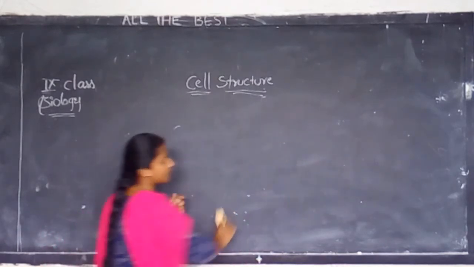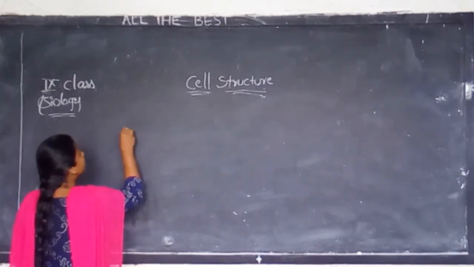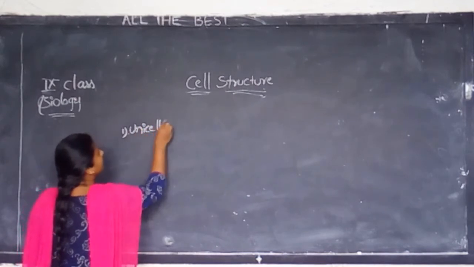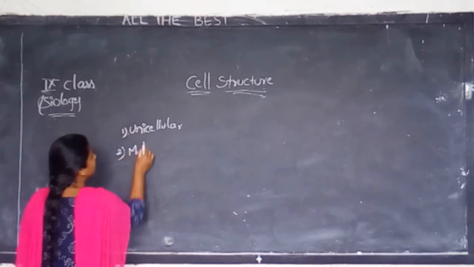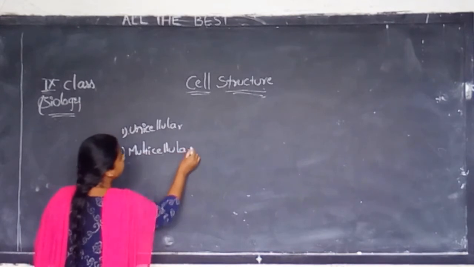The cell is divided into two types, right? As we all know, the first one is unicellular and the second one is multicellular. What is unicellular?